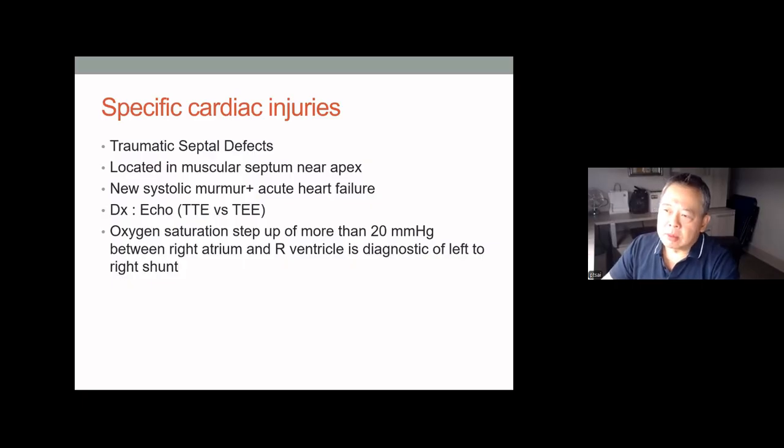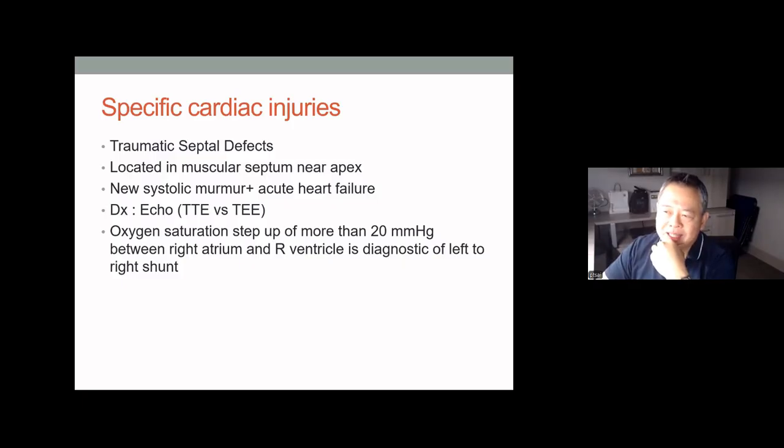In terms of traumatic septal defects, this is important to note. It's usually located in the muscular septum near the apex, because anything more proximal would result in significant exsanguination. The patient won't do well to begin with. The way you see it is that you have a new systolic murmur and acute heart failure because of the left to right shunt.